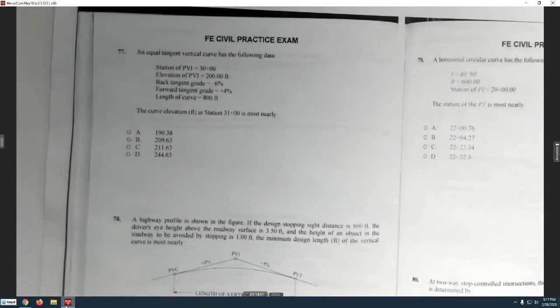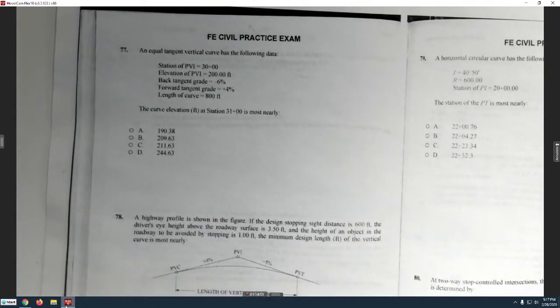Another handout I printed out is this set. The transportation part starts from question 77. Right?